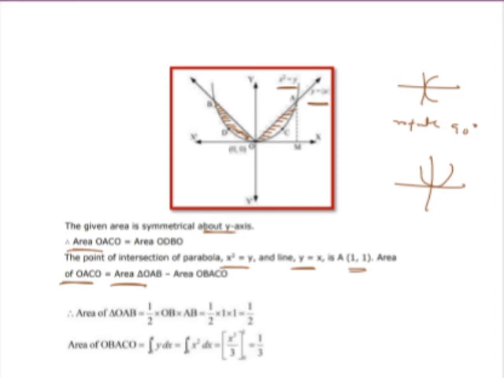So the area of OACO is the area of the triangle OAB minus OBACO.